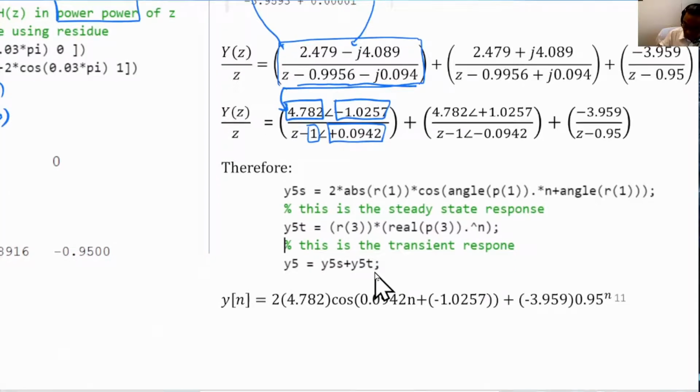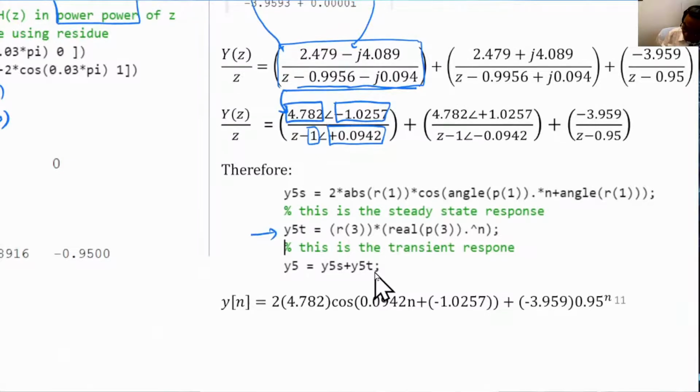Now in the next figure, I will show you the plotting of the transient, which is this equation. It is R3, minus 3.959, times the pole 0.95 to the power of n. What about the steady state?